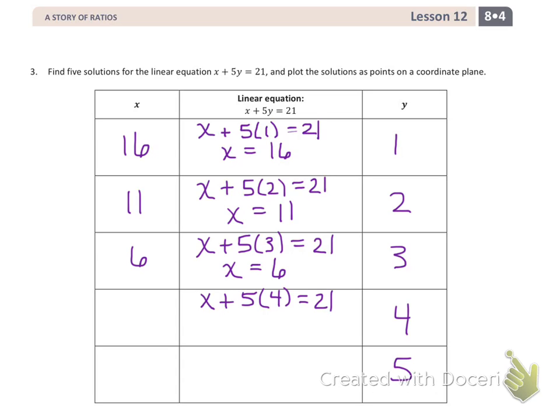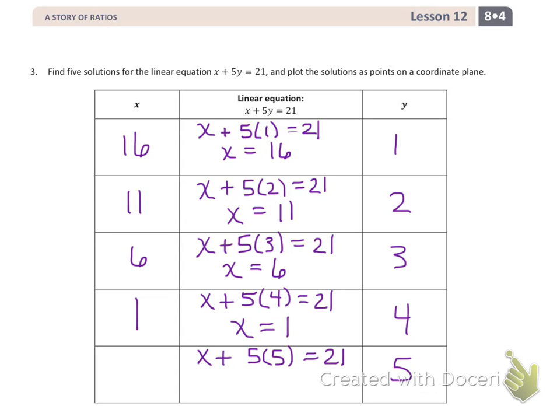We'll try one with picking an x, and you can see how much harder that would be. So if y is 5, x plus 5 times 5, which is 25, is equal to 21.